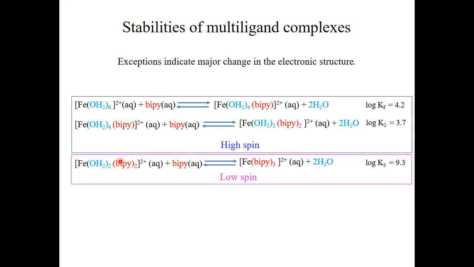So we have a significantly different electronic structure in our low spin complex, and therefore we see an exception in the log K value.